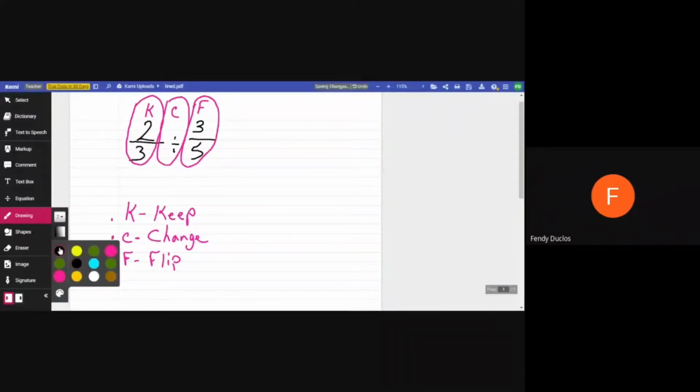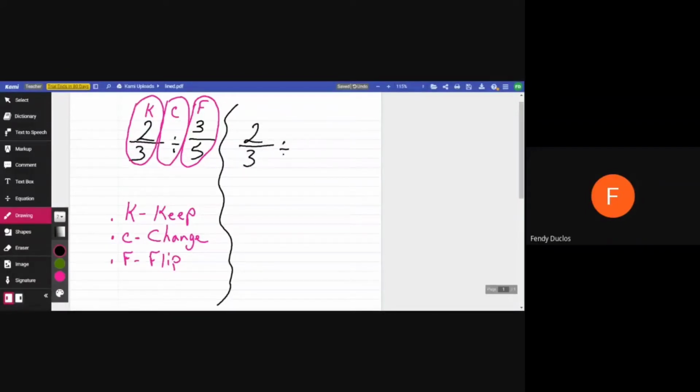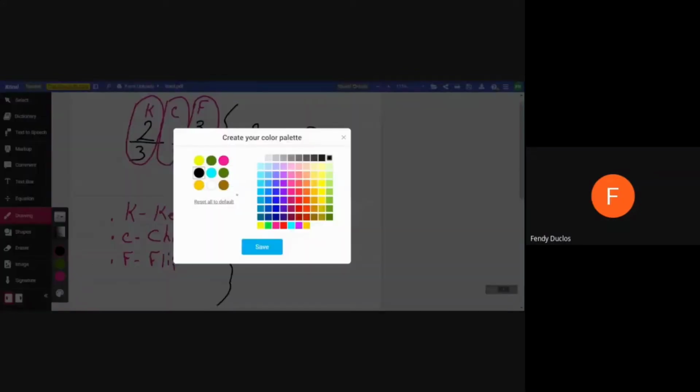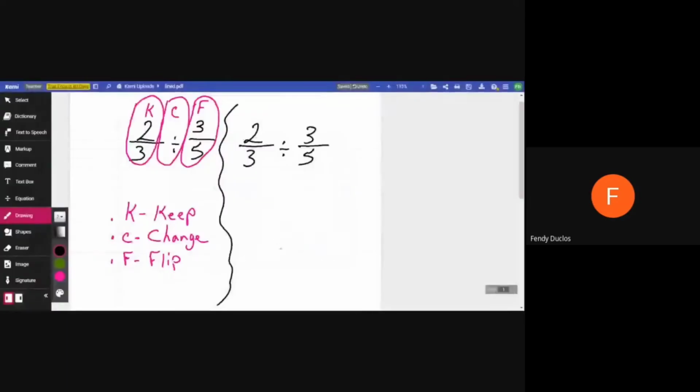I'm going to come over here on the other side and rewrite the problem one more time. So it was 2/3 divided by 3/5. Now, from here, I'm simply just going to follow the steps that I have laid before me.